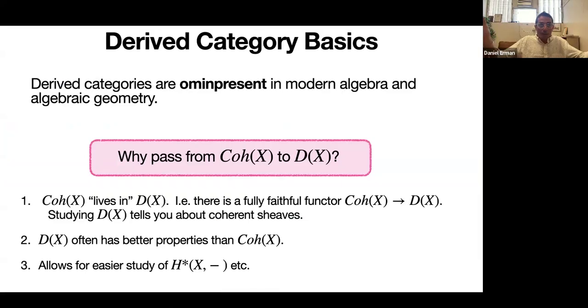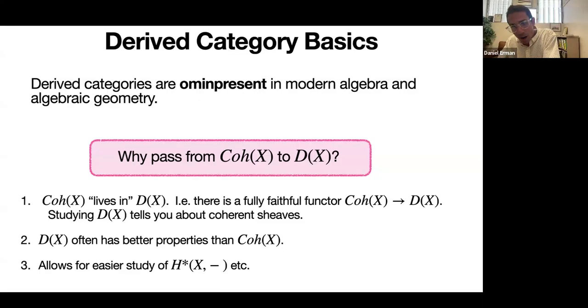All right, just to summarize on derived categories, they're omnipresent in modern algebra and algebraic geometry. It's worth asking why we passed from coherent sheaves to derived categories. I think that's a fair question. If you're someone more algebraically minded like myself, you start off caring about modules.